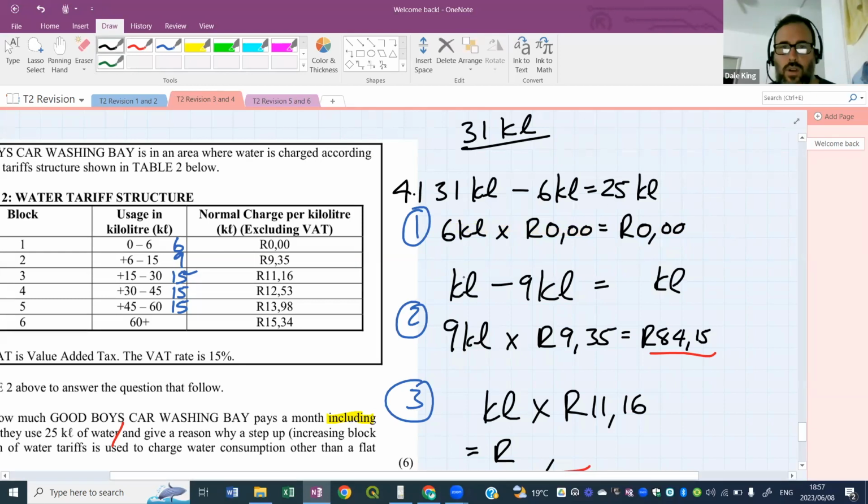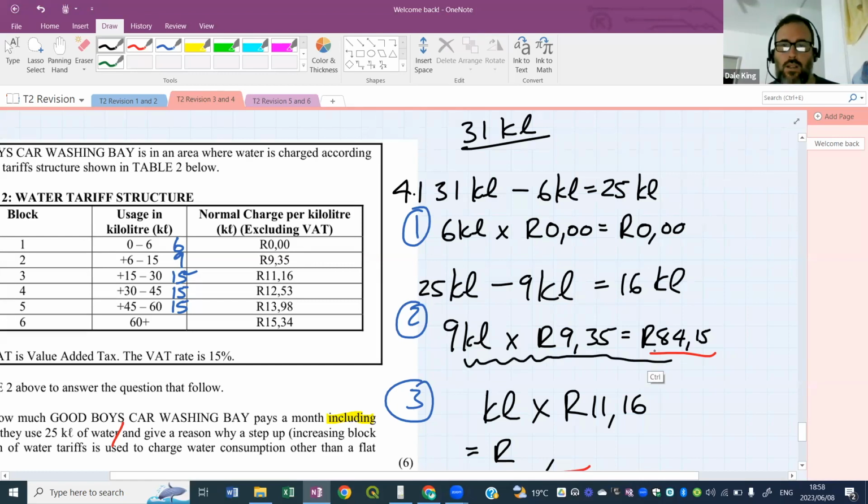We still have 25 kiloliters left, so I'm going to write it here. We've got 25 kiloliters. I know I'm going to go through the second block because the second block is 9. I have 25. I'm going all the way through there. So I'm going to take a whole 9 off my 25, which will leave me with 16. All right, that 9 gets charged at the second block rate, which is 9.35. So that's what this calculation is.